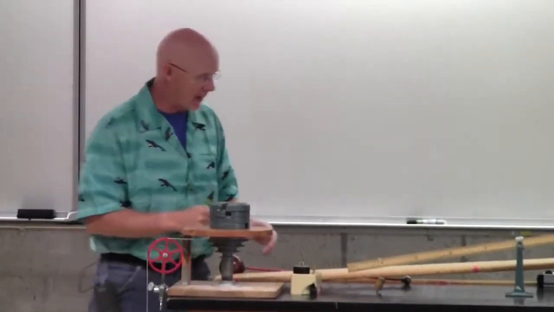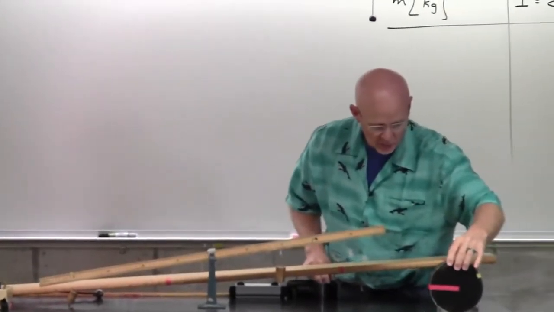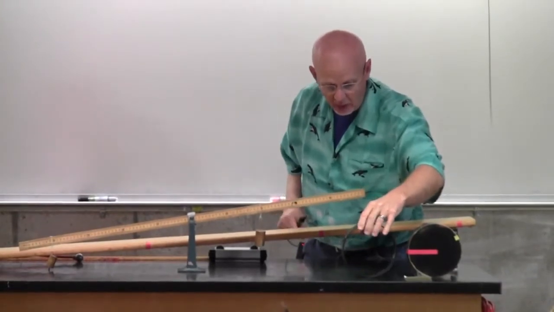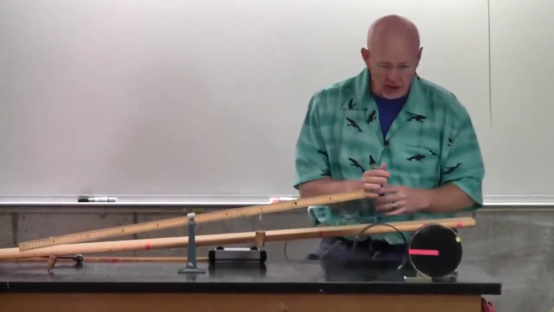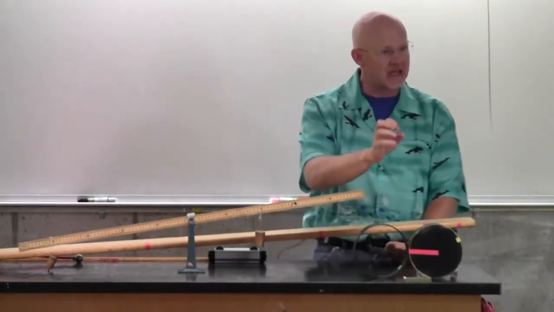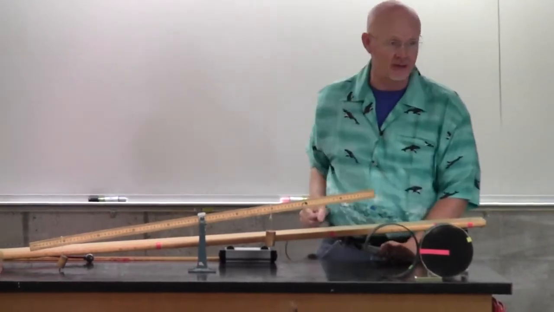You might remember that last time we used this wooden disc and this metal hoop in a discussion and said, even though they have the same radius and the same mass, do you think they have the same moment of inertia?